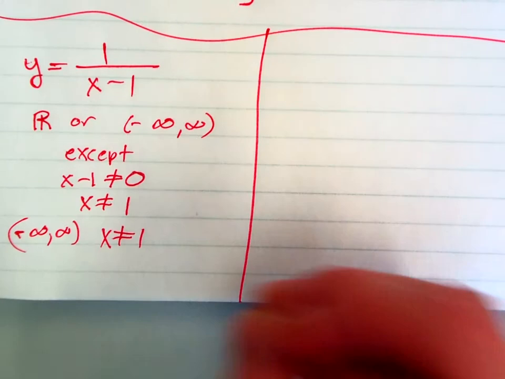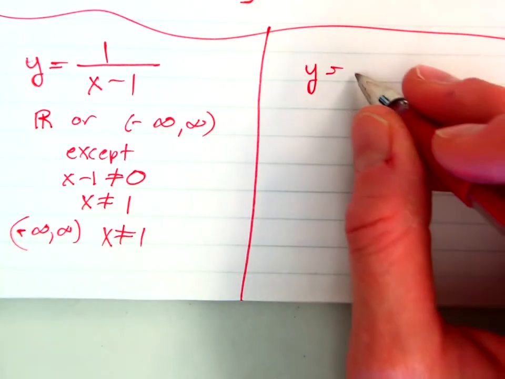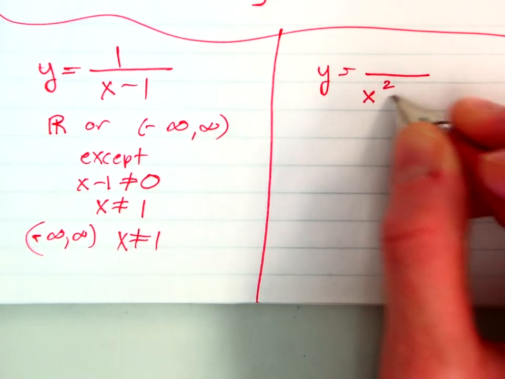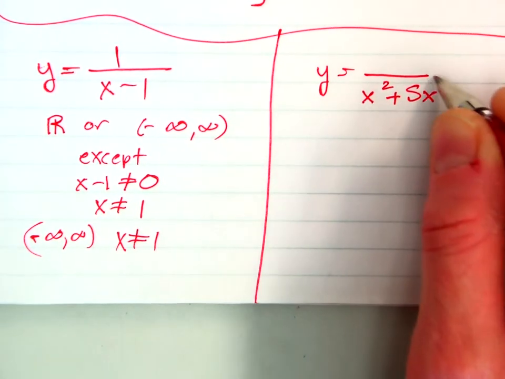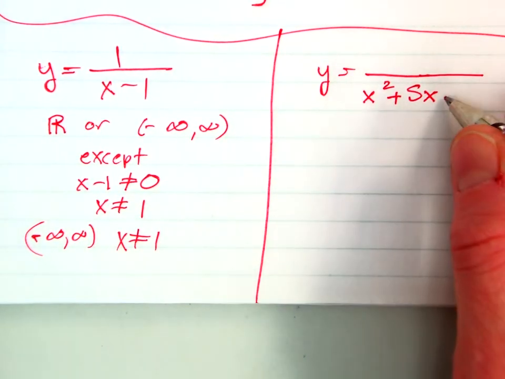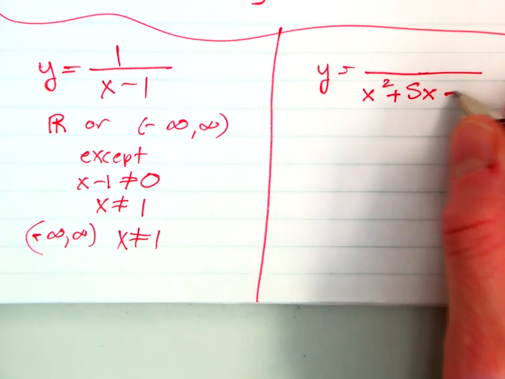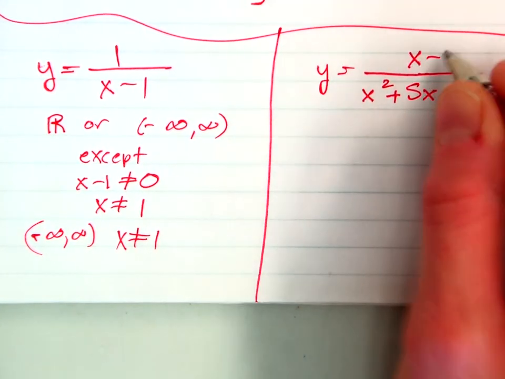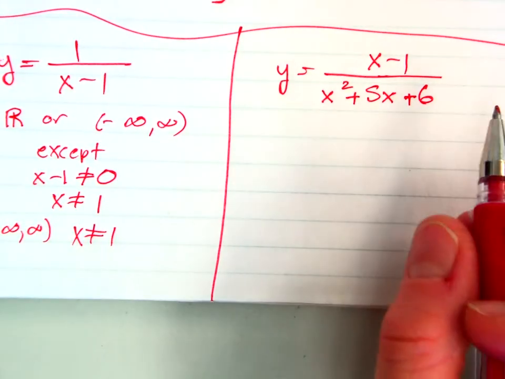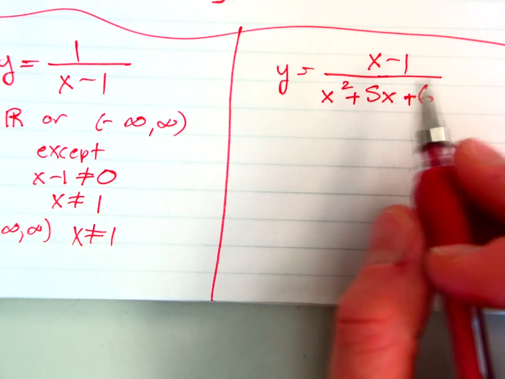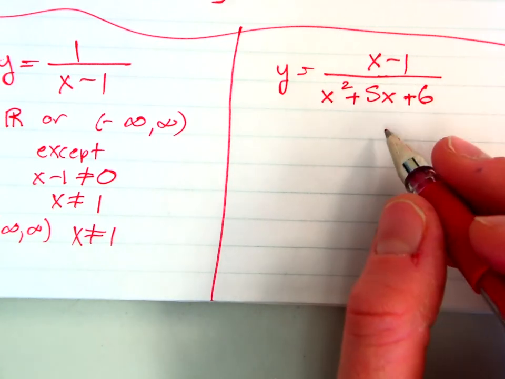If I were to make this a little longer, let's see, something like this, I'm not worried about the numerator because the numerator can be 0. The bottom cannot be 0.